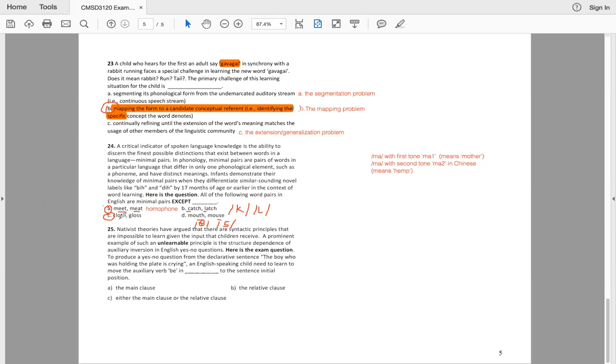So C is not a minimal pair because first of all, you see the initial sound.